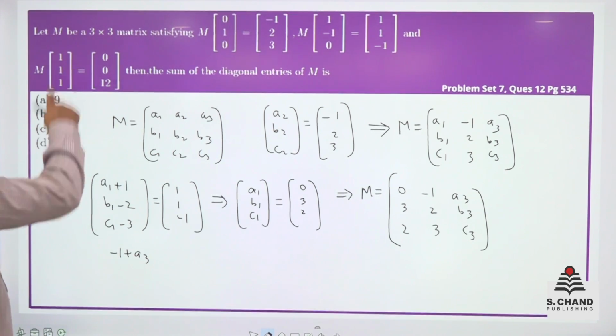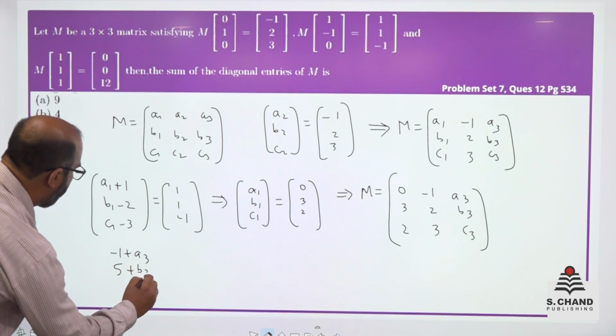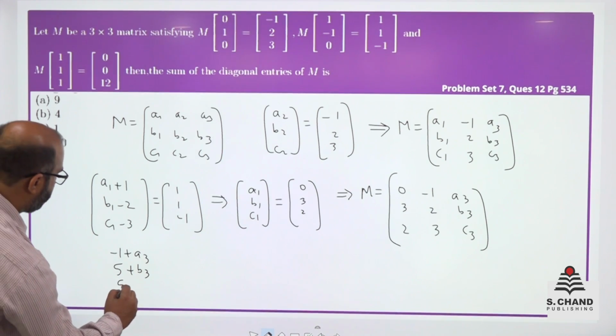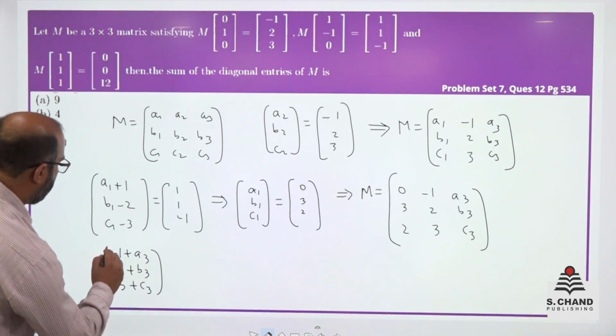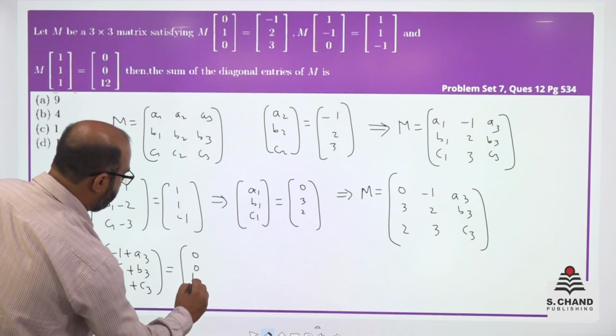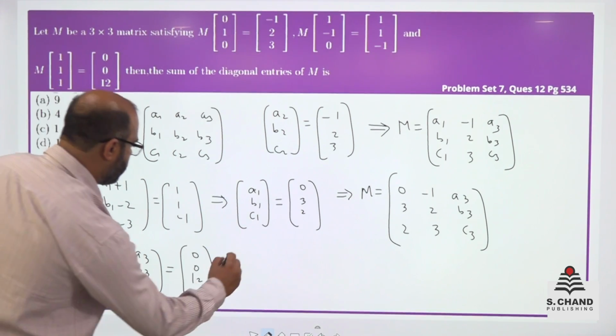Then second row with the first column, 3 plus 2 plus B3, that is 5 plus B3. Then third row with the first column, 2 plus 3 plus C3, that is 5 plus C3. And this is equal to 0, 0, 12.